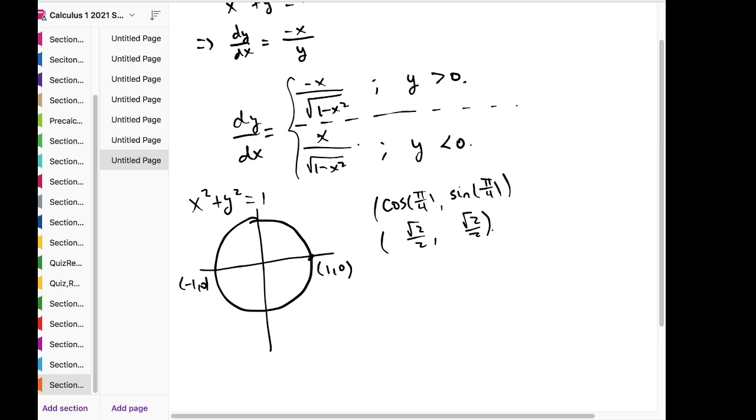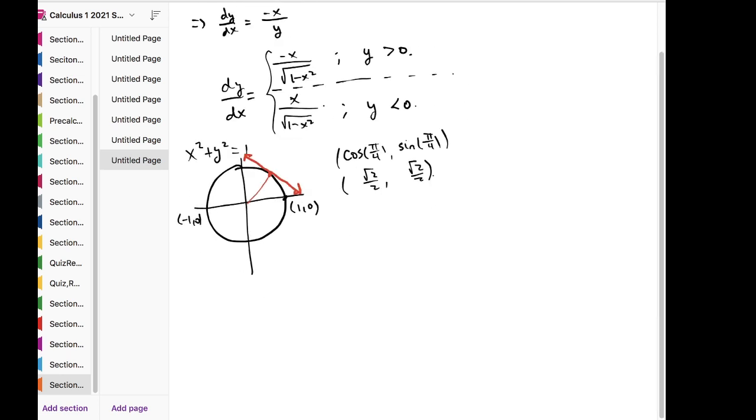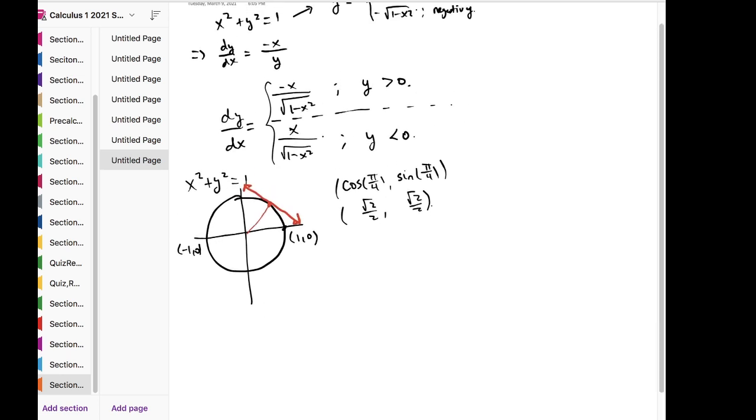Okay, so let's draw it. Here is that point, and here's the tangent line at that point, and let's plug it in. In some circumstances, it's nicer to write this, but if I know the 2 points, it might be easier to use this equation.